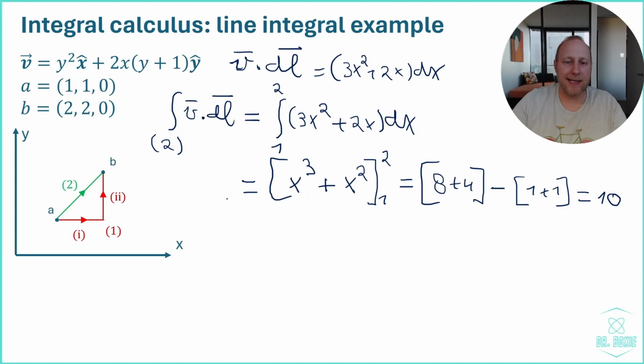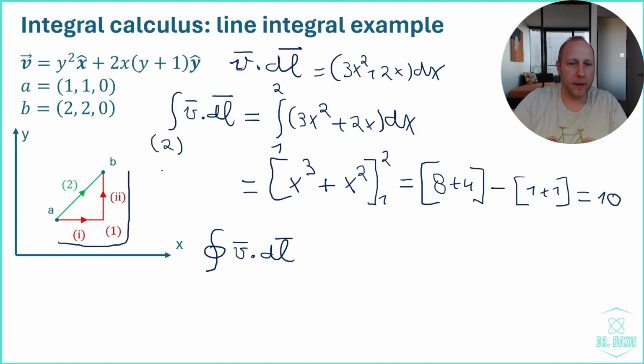And finally, the last thing we wanted to do is to calculate the closed line integral of v dot dl, where we go from A to B along path 1, and then we go back from B to A along path 2, or rather along the opposite of path 2. So that means, remember, if we follow the opposite direction, we get an extra minus sign.